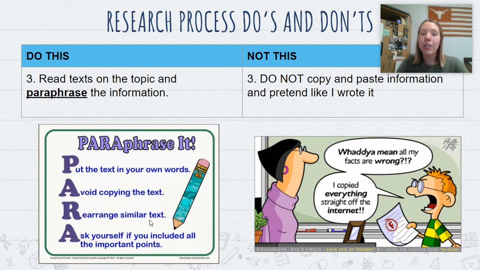You're rearranging similar text. So if it's hard to take that information and put it in your own words, you're at least shifting it around so that it's more in your own words. And you're asking yourself if you included all the important points, right? Was the message the same? After you've taken the information and paraphrased it, is the overall idea still the same? Okay, so which of these is not part of paraphrasing?